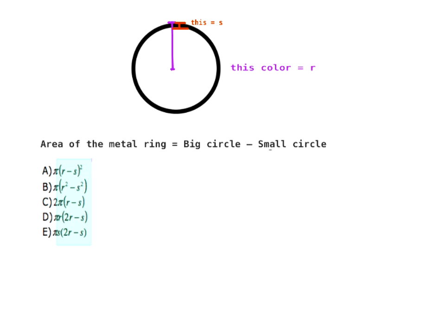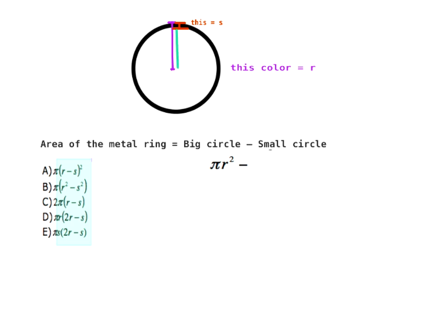So, and then, what's the small circle area? Anybody tell me? Like, what's the radius of the small circle? Yeah, right. You got to figure out that the radius of the small circle is going to be the difference between r and s.